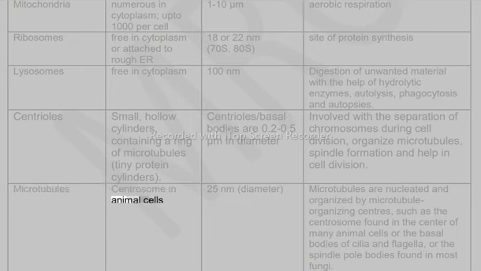Microtubule centrosome in animal cells, 25 nanometers diameter. Microtubules are nucleated and organized by microtubule organizing centers, such as the centrosome found in the center of many animal cells, or the basal bodies of cilia and flagella, or the spindle pole bodies found in most fungi.